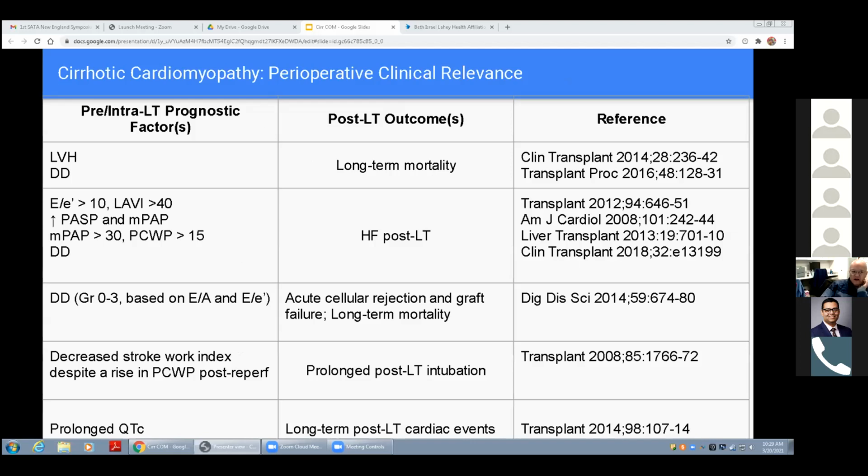we'll talk about cirrhotic cardiomyopathy and its implications on outcomes perioperatively. So this is probably the most important for all of us. We think about how cirrhotic cardiomyopathy affects outcomes during and after liver transplantation. The relationship between cirrhotic cardiomyopathy and post-liver transplant outcomes is a little bit more complex because of three reasons, right?